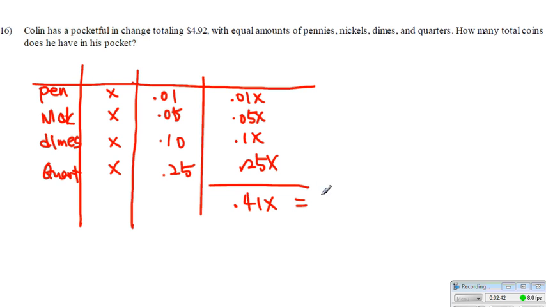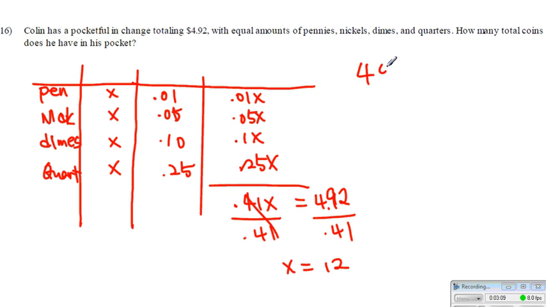But that has to be equal to 492. So when you divide each side by 0.41, we will realize that x must be equal to 12. So therefore, each one is equal to 12. We're looking for total coins in these pockets. So we're looking at 4 of the 12, so therefore we end up getting 48 coins.